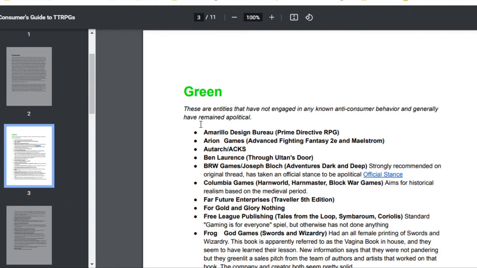These are companies that aren't going to try to kick you out of the community just because you don't agree with them, or they just don't do anything political. In fact, they also say that they don't engage in anti-consumer behavior, which again I think is what they're calling the "don't buy our product if you don't like it" type of deal, behavior that would be against general consumers. So these are your non-political companies, or they just don't care and everyone is welcome.